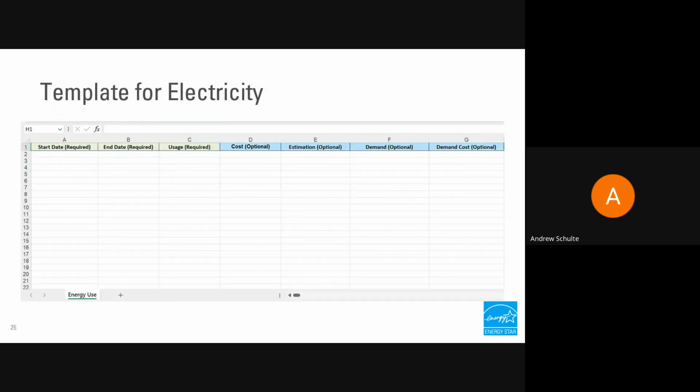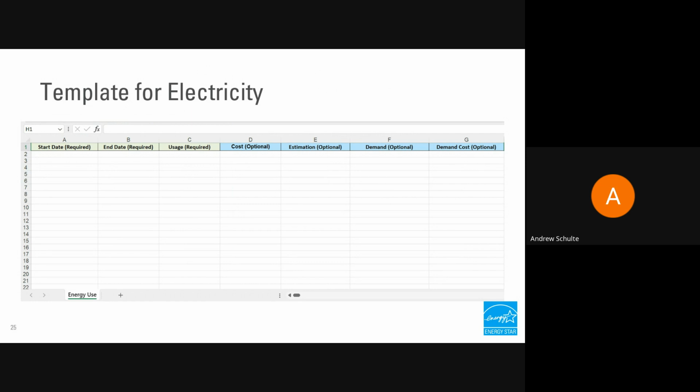But the thing I want to point out, this is a quick snapshot of the template for electricity, and the thing that I really want to make clear is the data required to push to Portfolio Manager is actually pretty straightforward. For electricity: start date, end date, usage quantity. Now, cost is optional, demand is optional, and by default, Portfolio Manager is going to assume that any value is not an estimation. It's a real number.